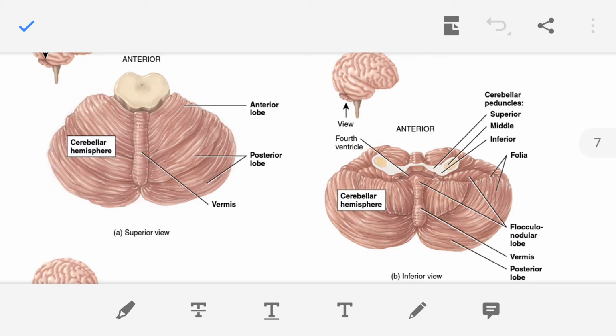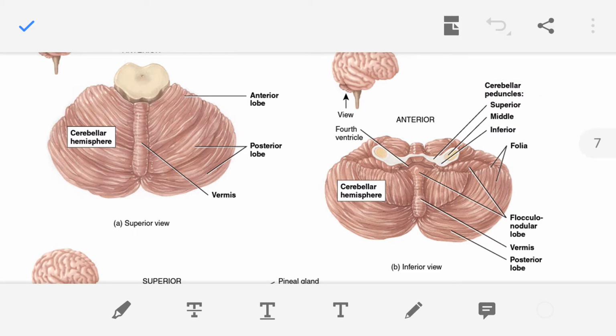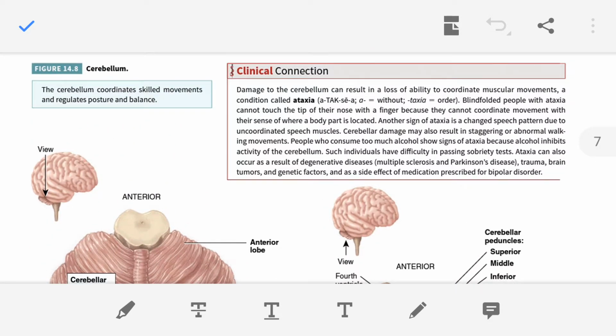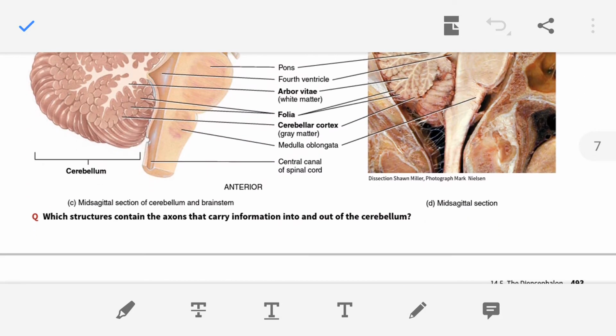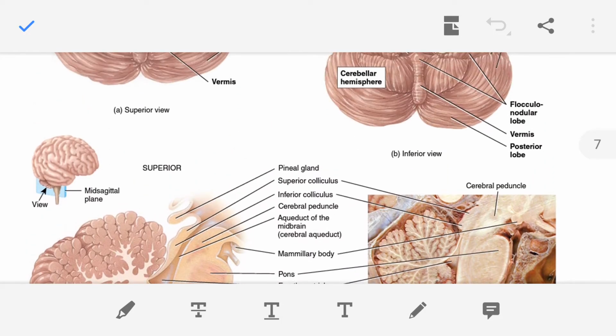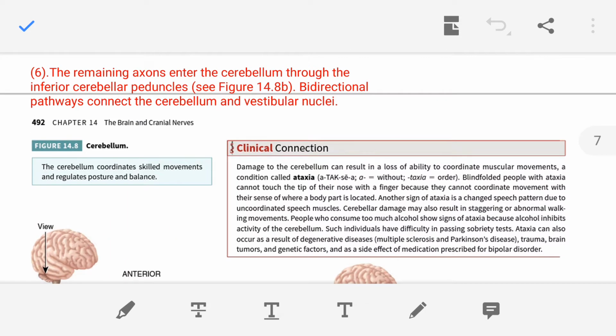This is the right-hand side, the inferior view of the cerebellum, and these are all the peduncles. Here you can see the inferior cerebellar peduncle. So the remaining axons enter the cerebellum through the inferior cerebellar peduncle.